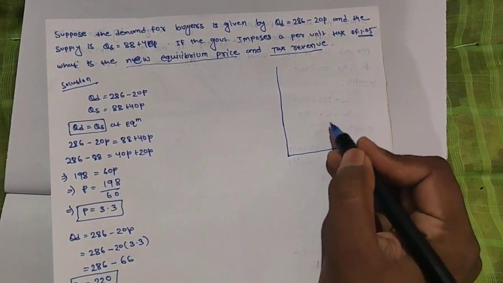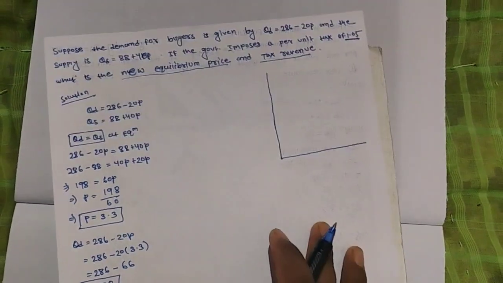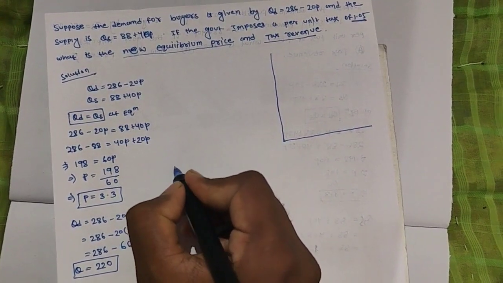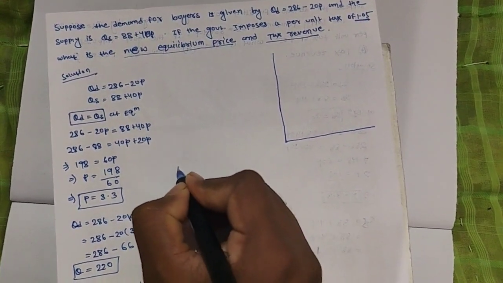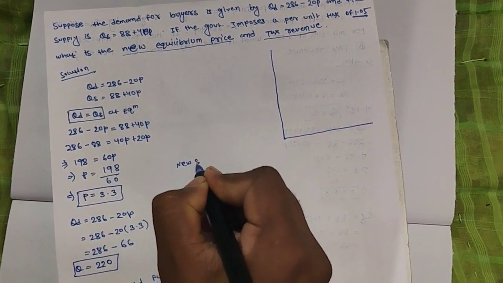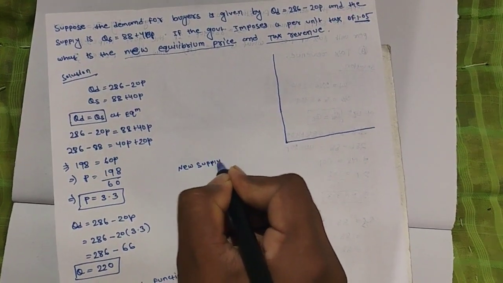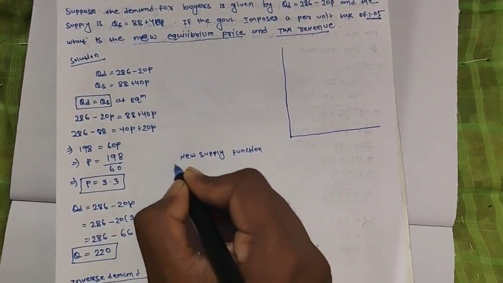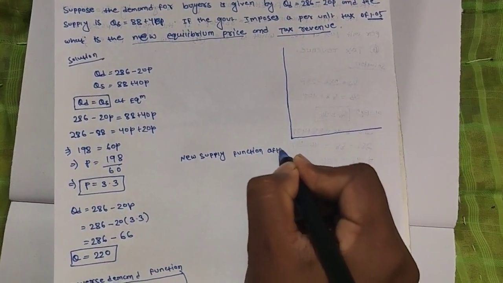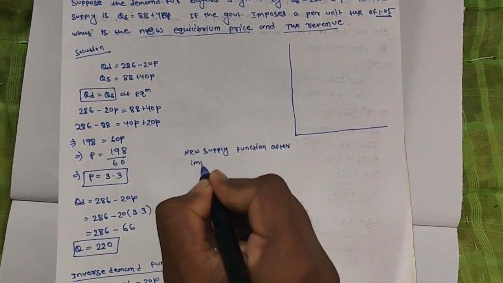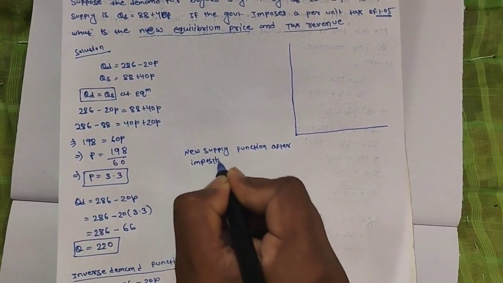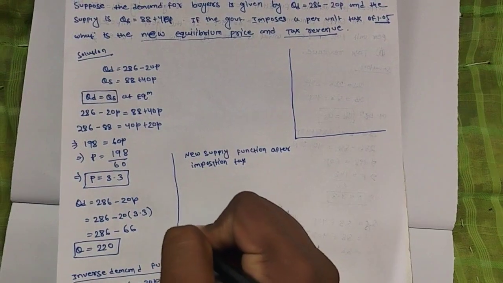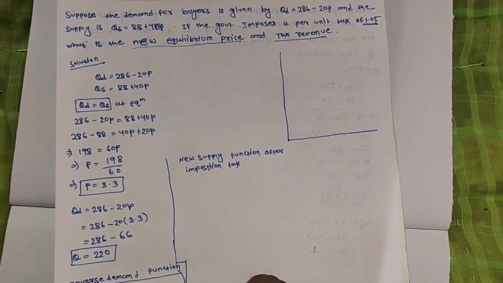So in the last section we'll discuss the diagram. Now the new supply function after imposition of tax, we have to calculate it.